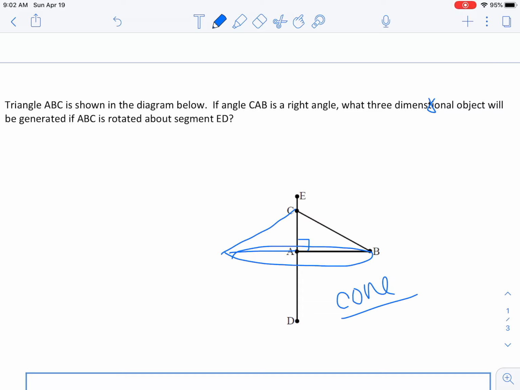The reason I'm doing these is because when you get to calculus, there will be rotations of objects around an axis. So I'm hoping that you'll just start to visualize what will happen here.